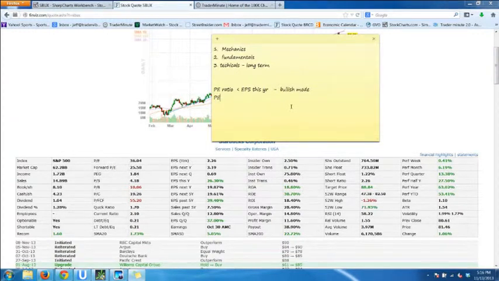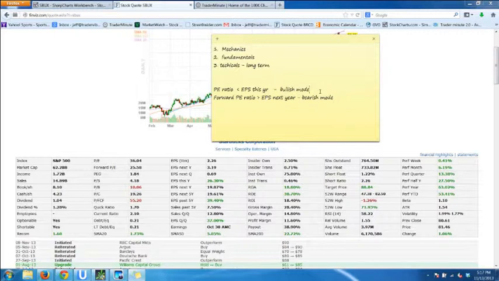When the forward PE is greater than the earnings per share next year, okay, the stock is in a bearish mode.